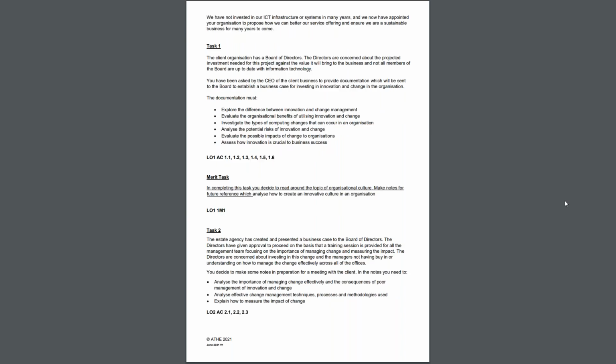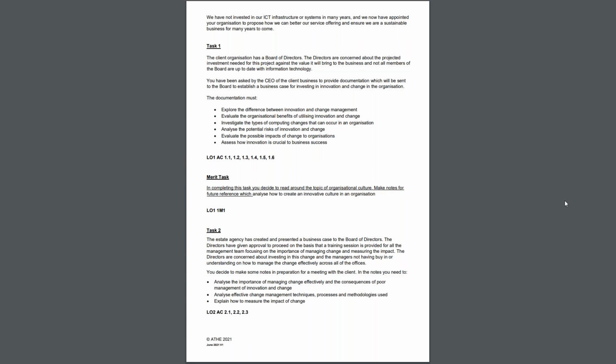Okay, so task number 2. The state agency has created and presented a business case to the board of directors. The directors have given approval to proceed on the basis that a training session is provided for all the management team, focusing on the importance of managing change and measuring the impact.